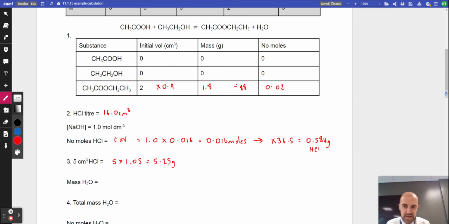Then, going on to here, we had a total mass of the liquid HCl solution of 5.25.